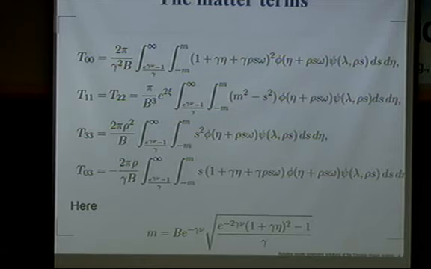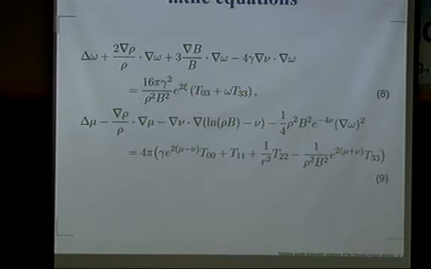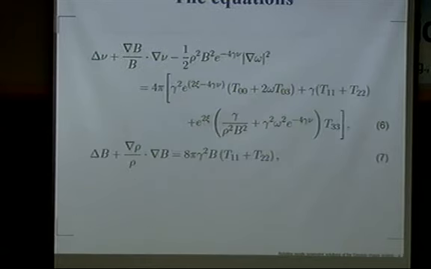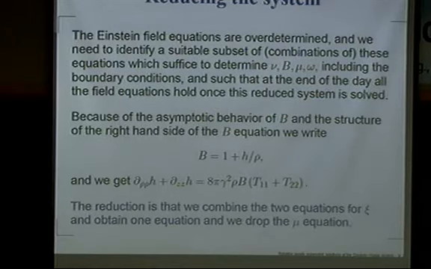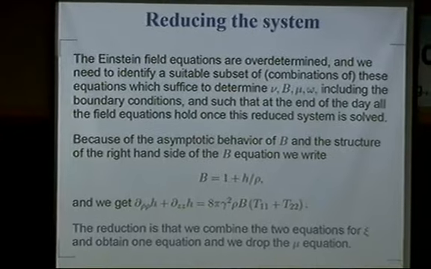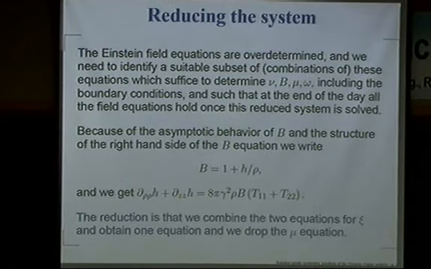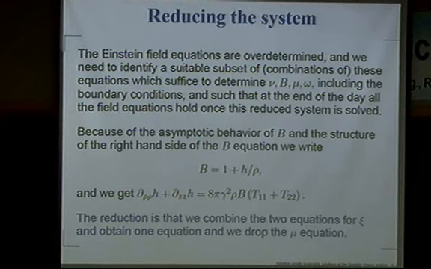And now, since you only have 4 metric coefficients, you would like to extract 4 equations out of those 6 equations. So this is what I say here. The Einstein equations are overdetermined, and we should identify a subset of these. And one has to be careful here. At the beginning of this project, we made not good choices here.